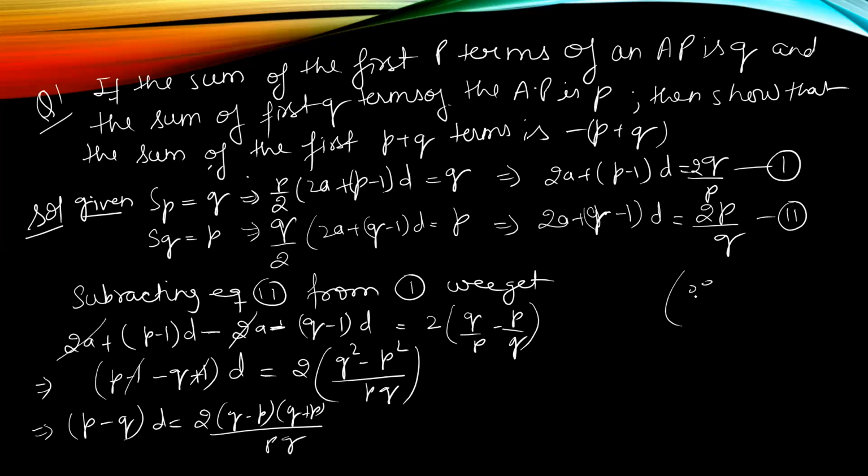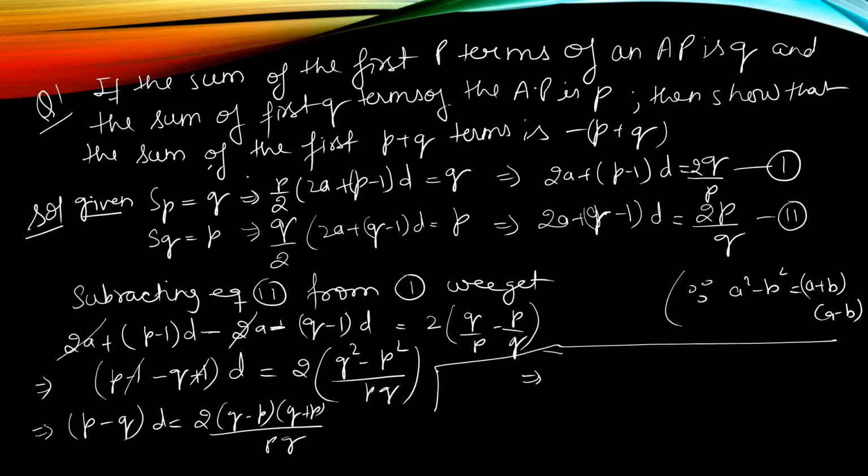Why this happened? Because we know that a square minus b square equals to a plus b into a minus b, right? So therefore, as you can see, we can further solve it as p minus q into d equals to, taking minus common, twice of p minus q into q plus p over pq.